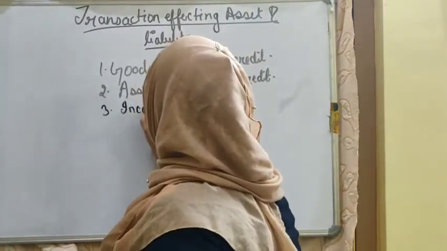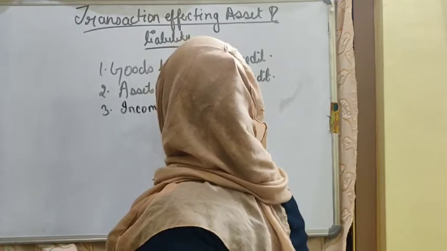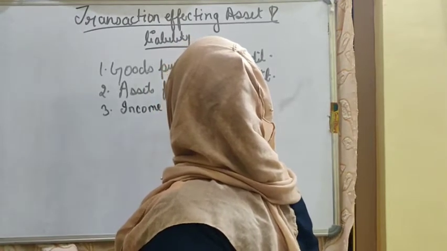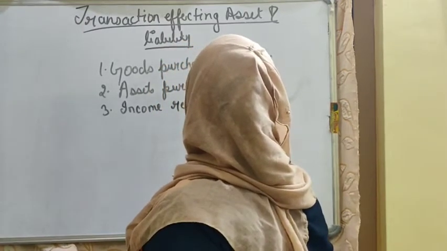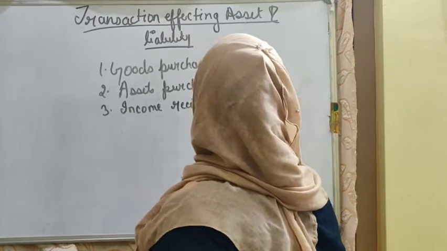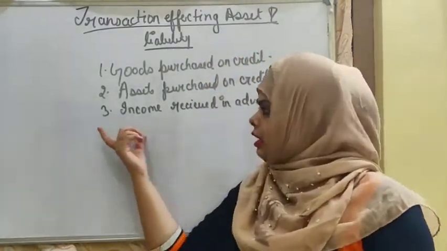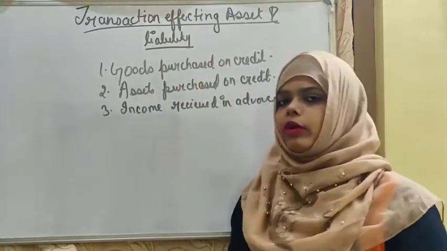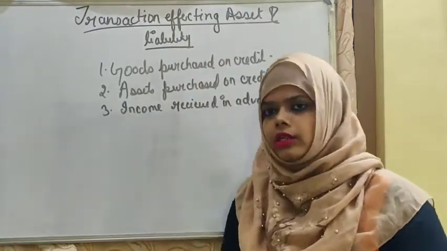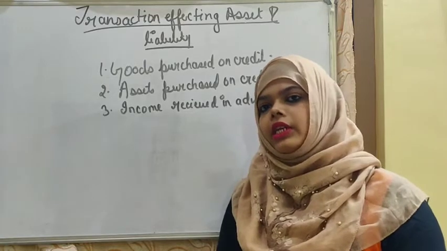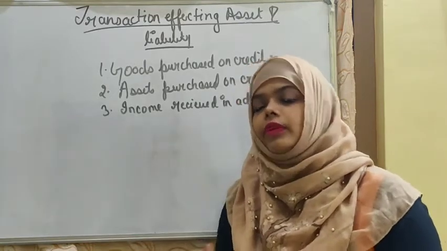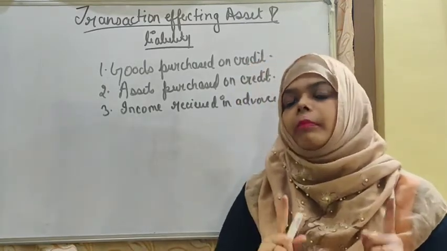Income received in advance. Now, income is no doubt part of assets, but in advance means we are having the money for the future, which is a liability to our business.